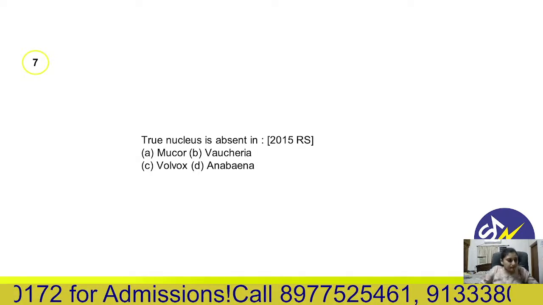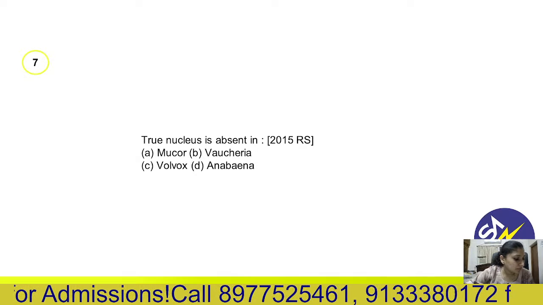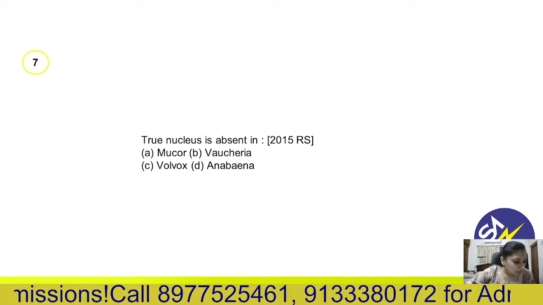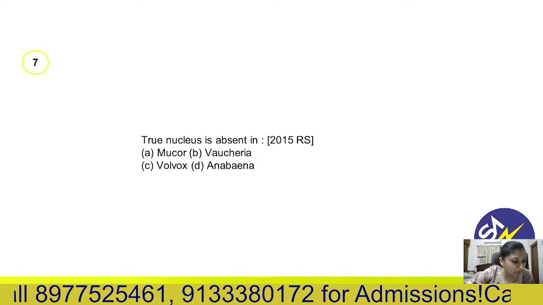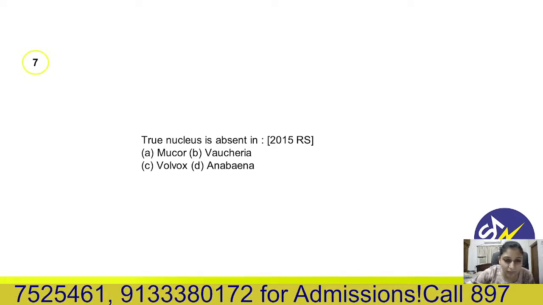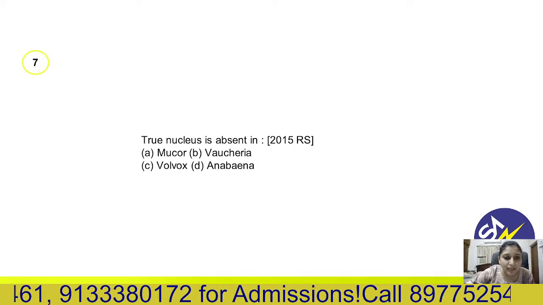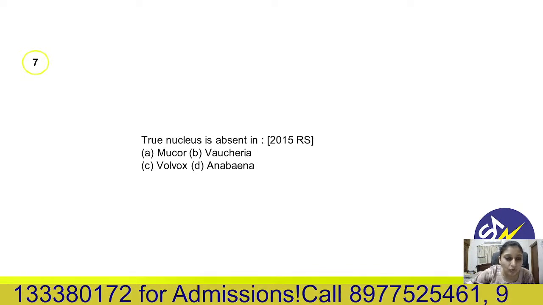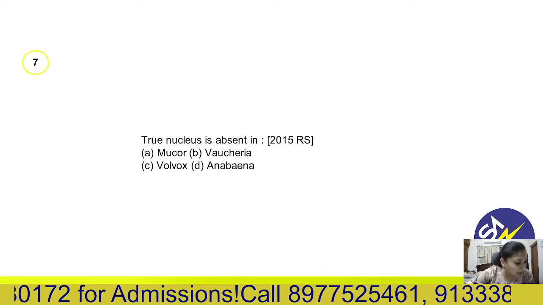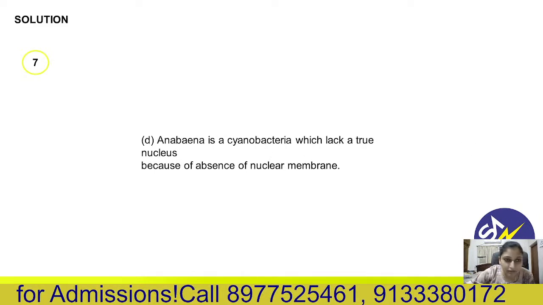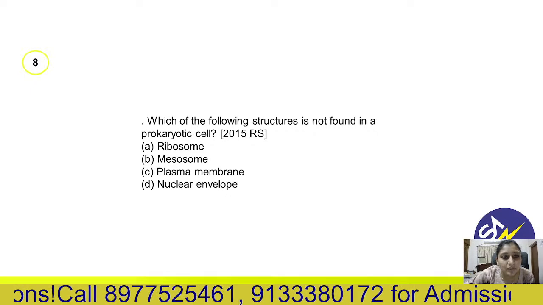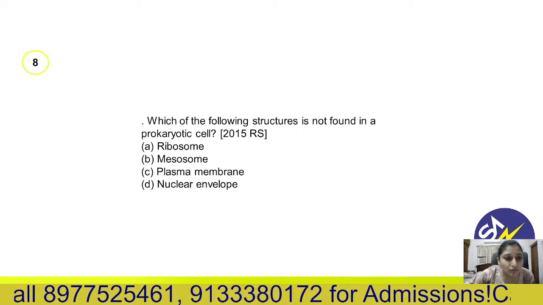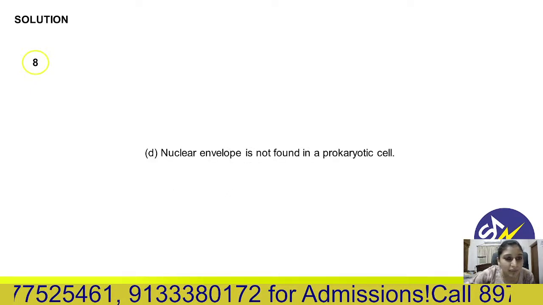Come on, quick. Yes, the correct answer is Anabaena because it's a blue-green algae, or you can say a cyanobacterium. Cyanobacteria belong to the Monera group, so no true nucleus. Right, Kiran, 7D. Then the eighth question, which of the following structures is not found in the prokaryotic cell? You all know that, the nuclear envelope.